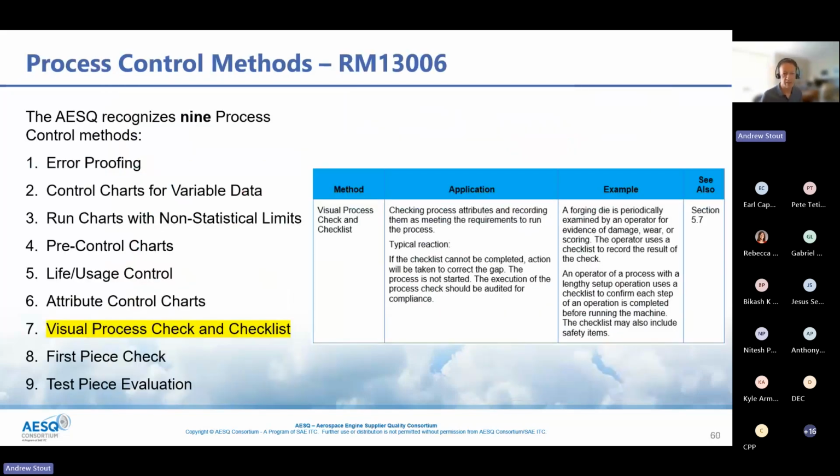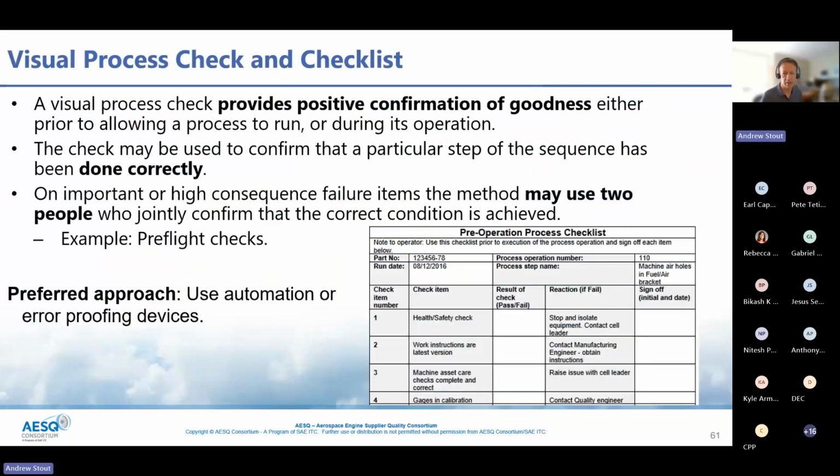On to the next one, number 7. Visual process check and checklist. What's that all about? Sounds pretty obvious, but maybe I can add a little something. The visual process check is a confirmation of goodness, either before or during an operation. The idea is to confirm something, usually involving a human, is done correctly. So, human factors, things can happen.